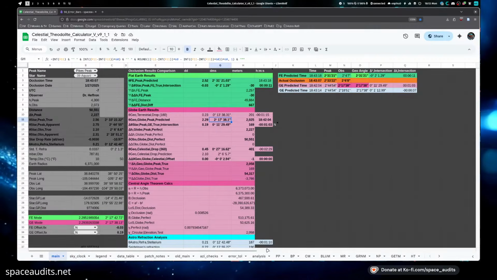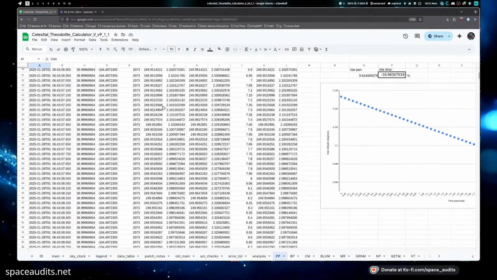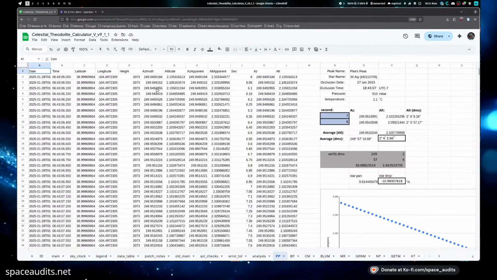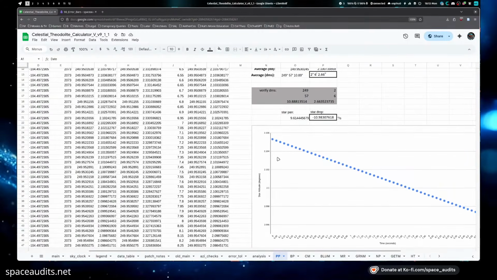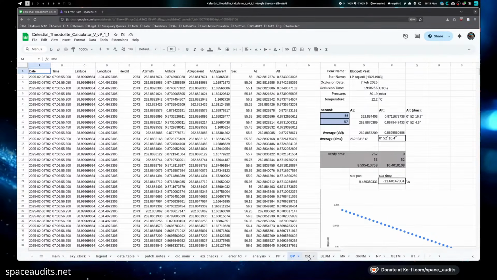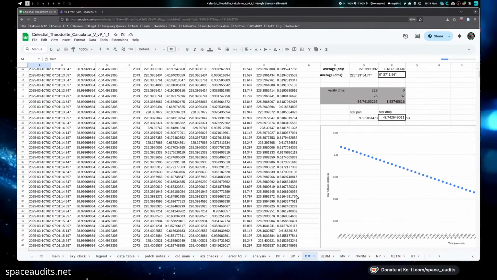And then real quick, for every peak, we took some stars and we took a couple second intervals and then broke that down into half seconds. And for every half second, we have the star's vertical drop rate plotted out. So for every latitude, it's going to be slightly different than following the 15 degrees per hour. It's going to be a little less. So we have all of these plotted out for every peak here.